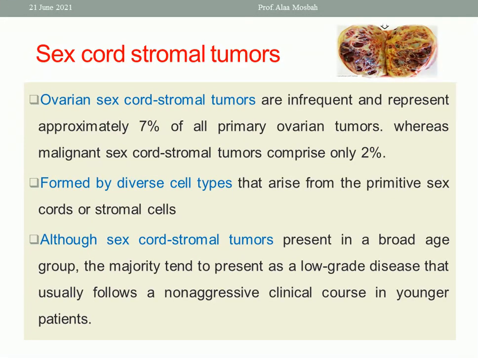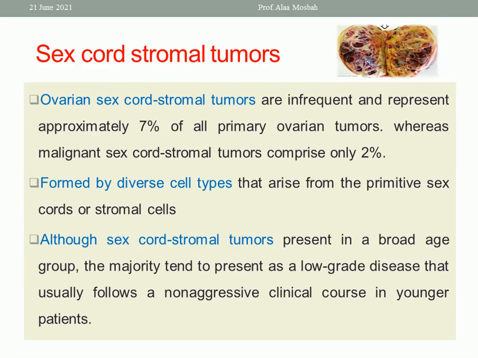So what are the characters of these sex-cord tumors? They are infrequent and represent approximately 7% of the primary ovarian tumors, where the malignant sex-cord stromal tumors comprise only 2%. So 7% as regards all ovarian neoplasms, and 2% as regards ovarian malignancy.